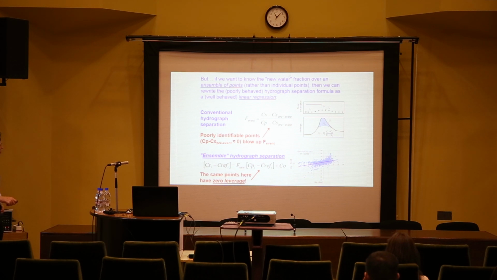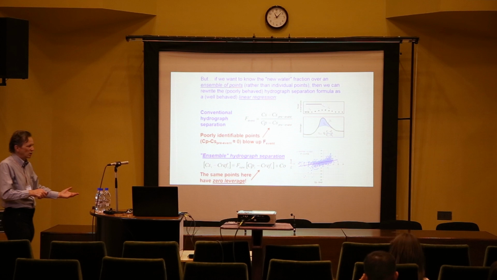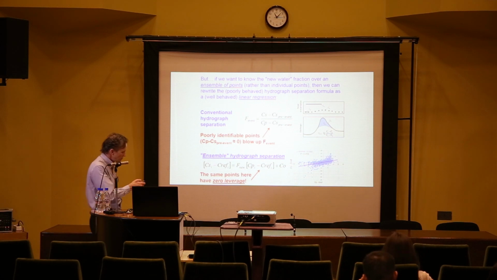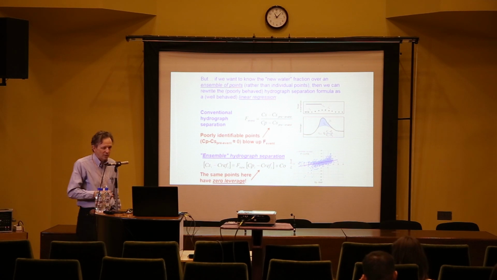And on this axis, we're plotting the variation in stream water isotopes relative to the previous stream water. Okay? So it becomes simply a linear regression problem.